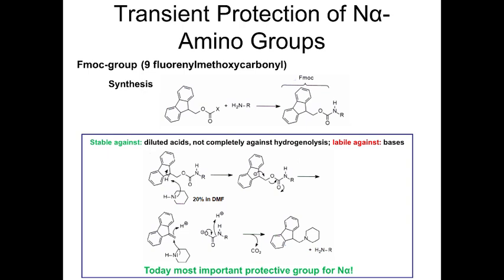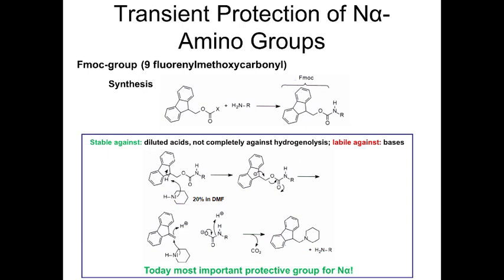In the next step, the negative charge at the 9 position of the fluorene unit eliminates the oxygen of the formyl structure.